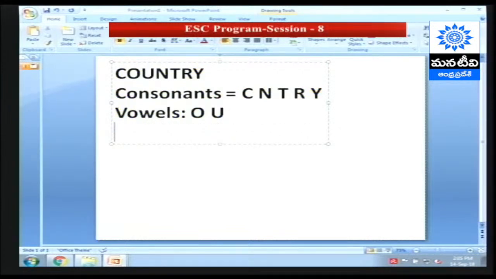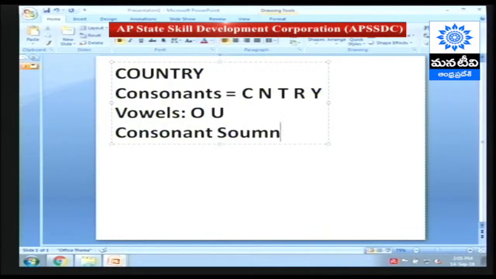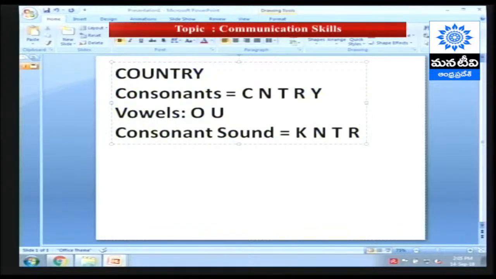Now, let's look at how many consonant sounds we have. So, we have K, N, T, R. Country. We have just 4 consonant sounds.